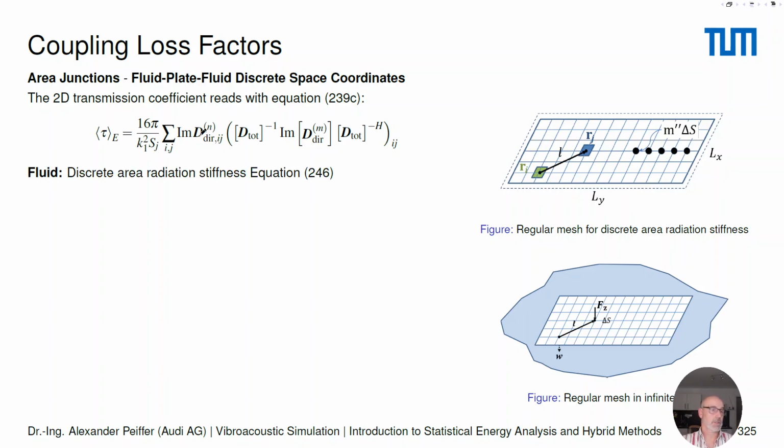We have the radiation stiffness matrices, and we can calculate the total stiffness from equation 260 to 46. So this is the radiation stiffness for the fluid, and we use equation 259 for the infinite plate, but the discrete version of the plate.